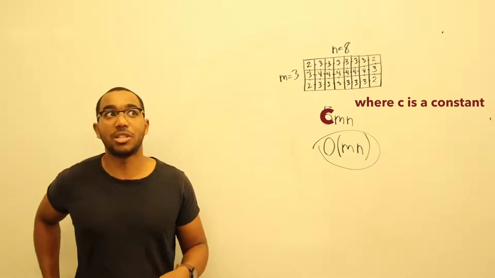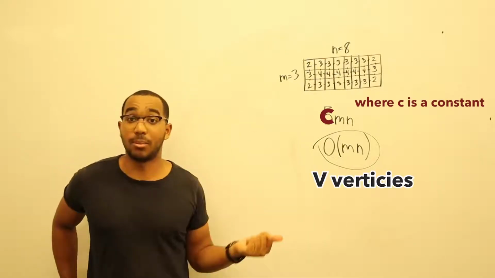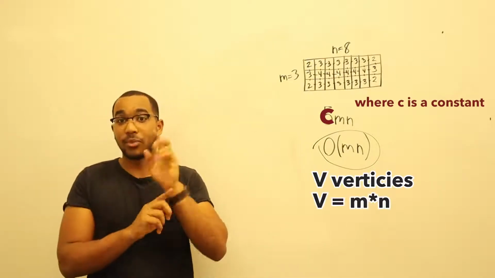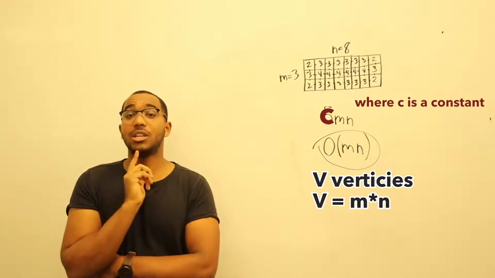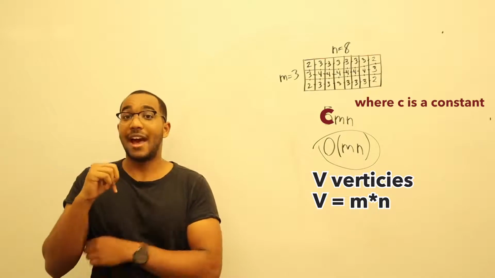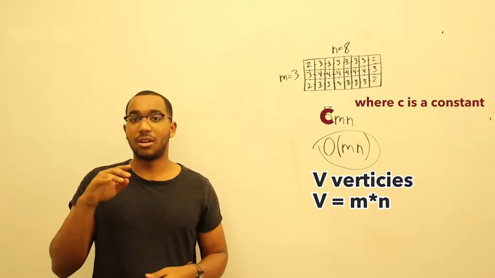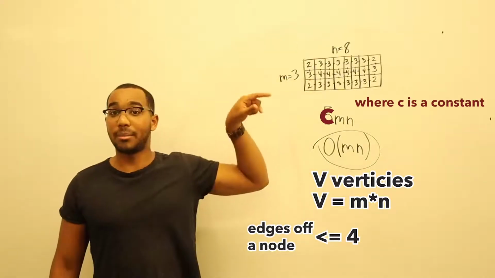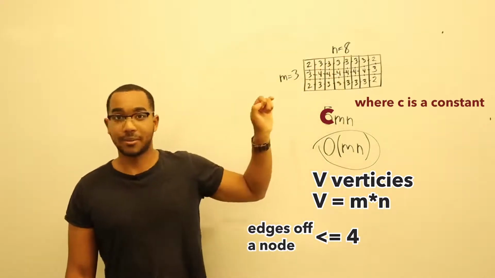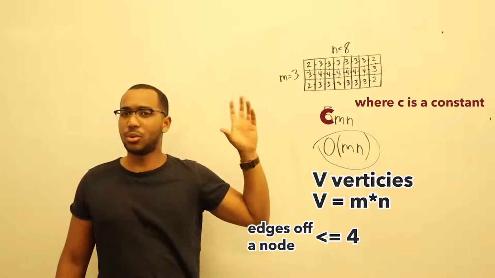So what we did was we said we have V vertices. How can we model that? V equals m times n. Part one finished. And then we saw how many edges can we have? Well, we needed to say each vertex, how many edges can come off of you? The upper bound on that is 4 because we only can have a top, bottom, left, and right for these center guys. The outside guys will have 2 or 3.